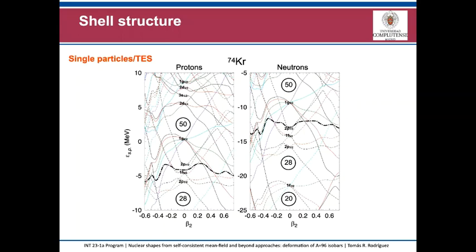At beta equal to 0 you see the spherical shells with the full degeneracy in MJ. If you have J equal 3/2, then MJ can be 3/2 or 1/2. So the full degeneracy is here, you have the spherical gaps, and these single particle energies are calculated self-consistently from the Hartree-Fock-Bogoliubov wave functions.